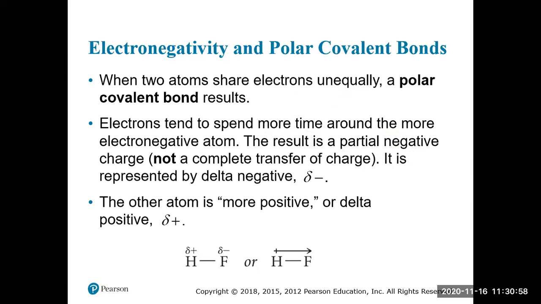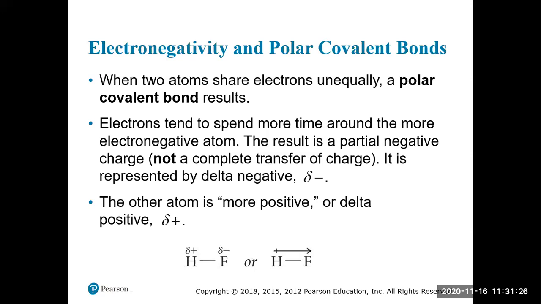One way is with the delta negative sign over the fluorine, delta positive over the hydrogen. Or, and to be honest, this next way is the more common way to do it, you have the arrow, and the arrow goes towards the more electronegative atom, and then you have a little plus on the end of the arrow representing the side that has less of the electron shifted their way.